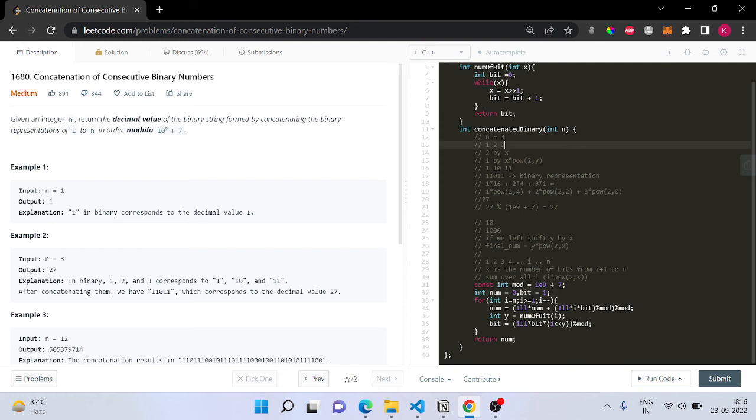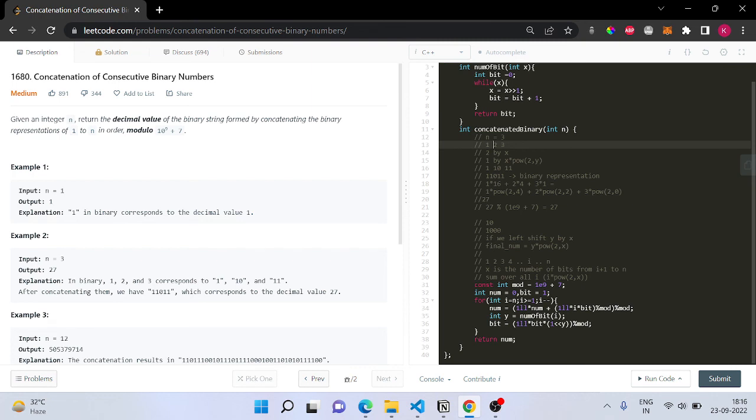So, to 3, we are just multiplying 3 by 1. Now, for 2, we are multiplying this 2 by 4. And now we know, let's suppose 2 is multiplied by x. So 1 will be multiplied by x into 2 to the power of the number of bits. Let's say y is the number of bits in this 2.